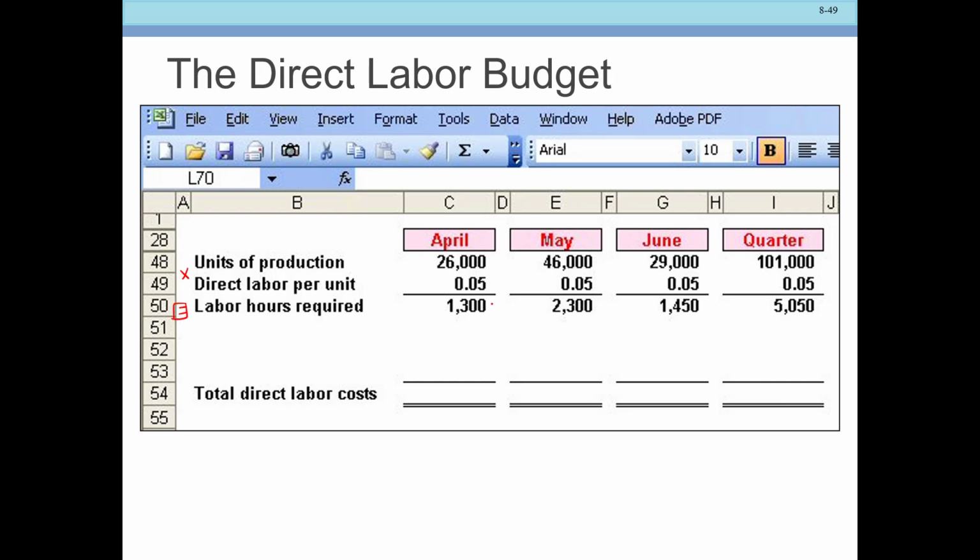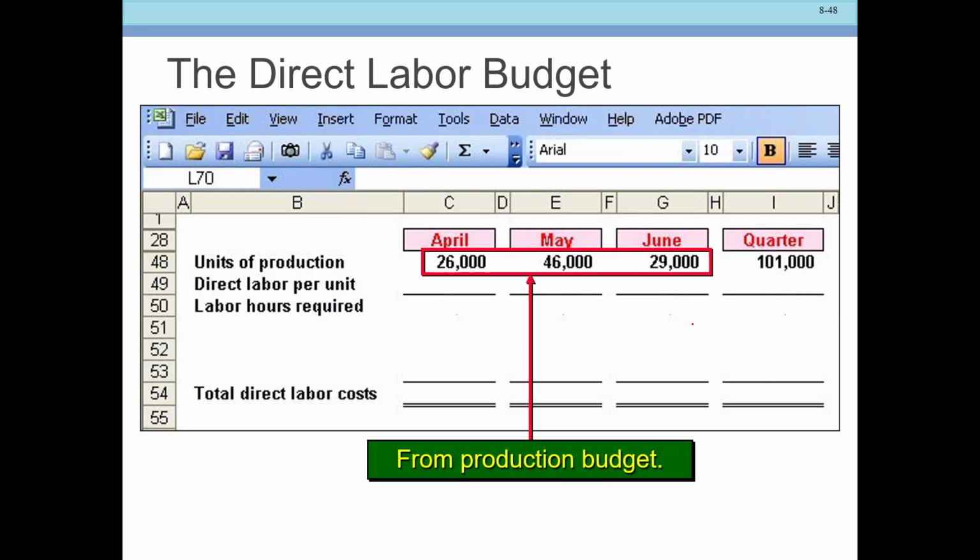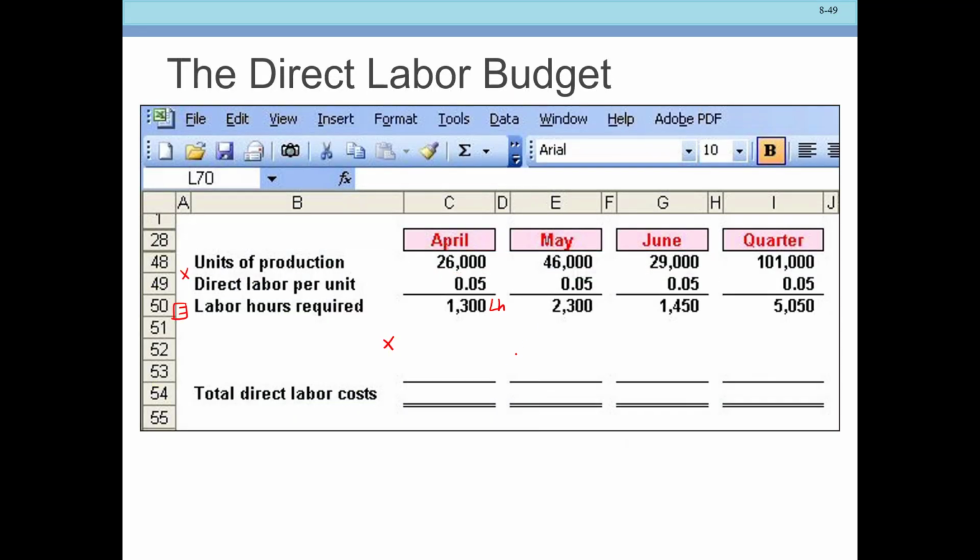Pay attention, these are labor hours. And as I said before, if I'm going to ignore the minimum number of hours required, I will multiply this directly by the rate per hour. And he told me that the rate per hour is $10 per hour. So actually, I will multiply it right away by $10.